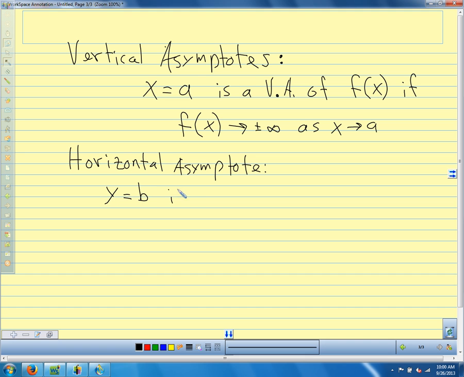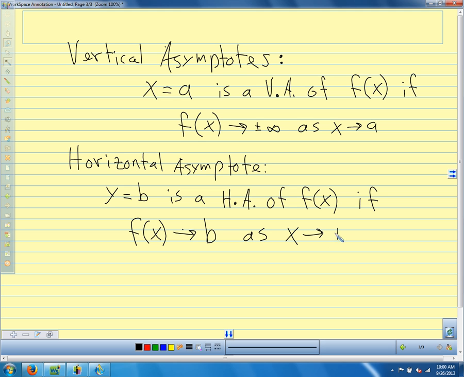Y equals b is, I'm just going to use HA of f, if f of x approaches b as x approaches plus or minus infinity. So the horizontal asymptote is telling us something about what happens to our function eventually, when we get out really far to the left or really far to the right.